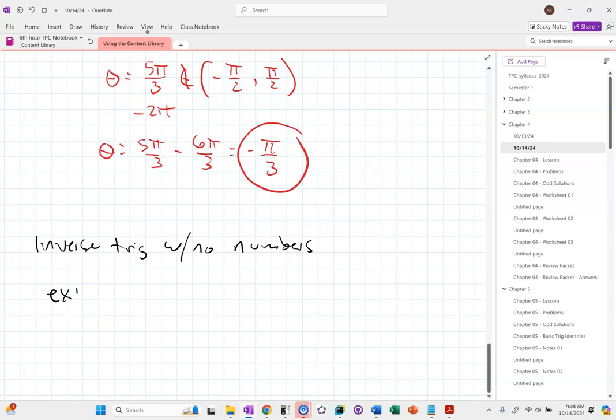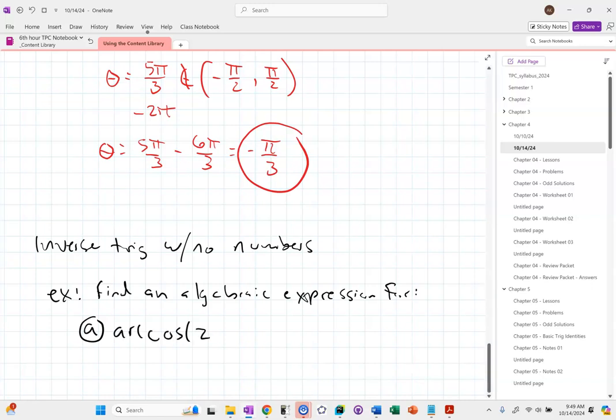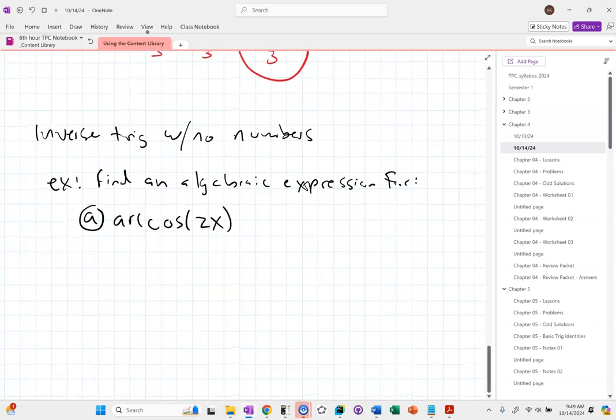So for example, let's say we have arc cosine of 2x. Well, let me start this way. So find an algebraic expression for arc cosine 2x. We'll do a couple of examples maybe.